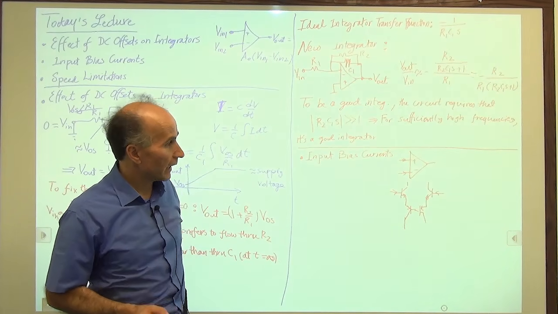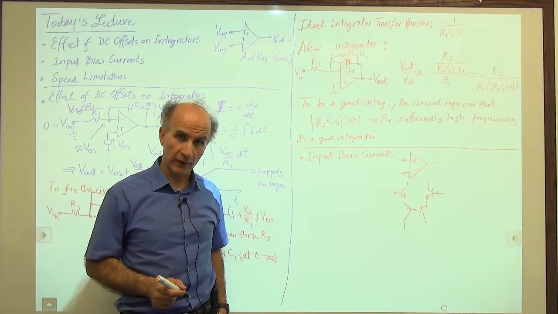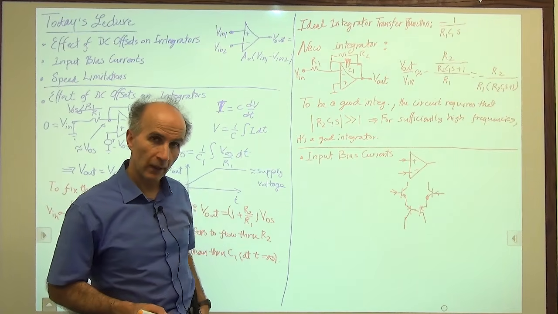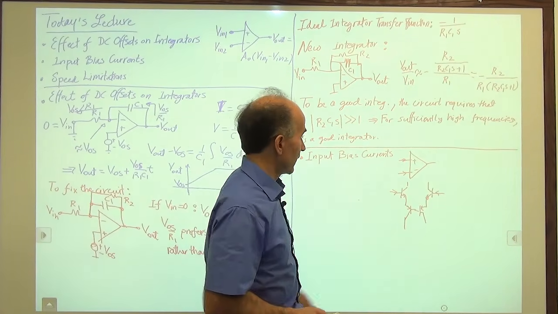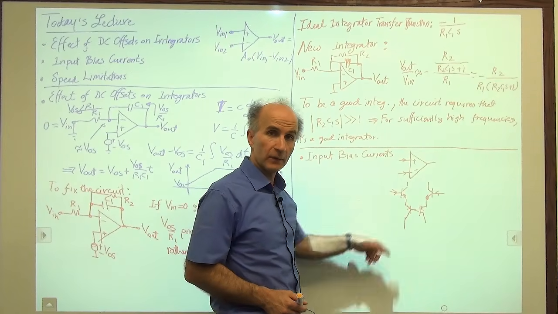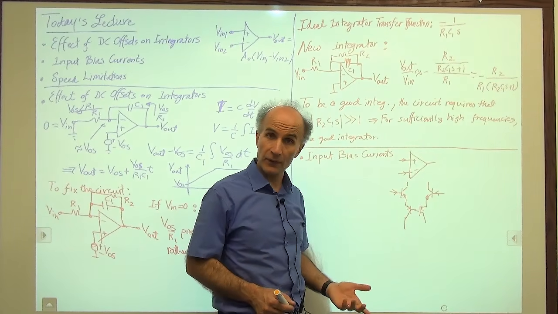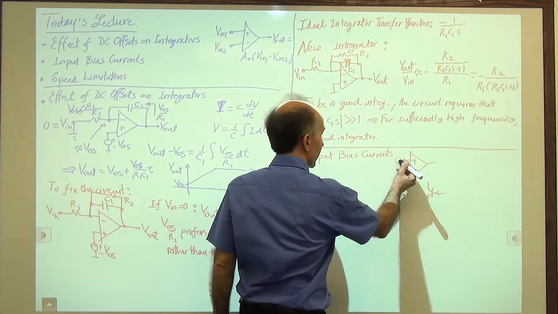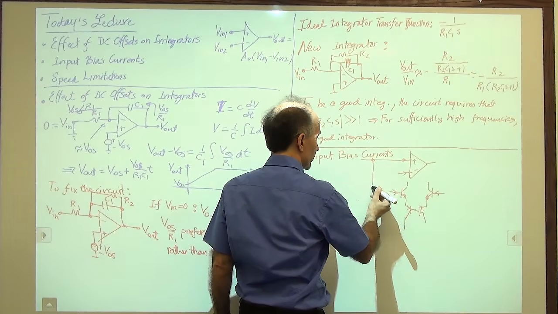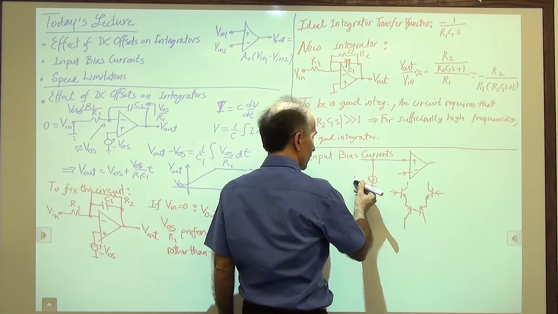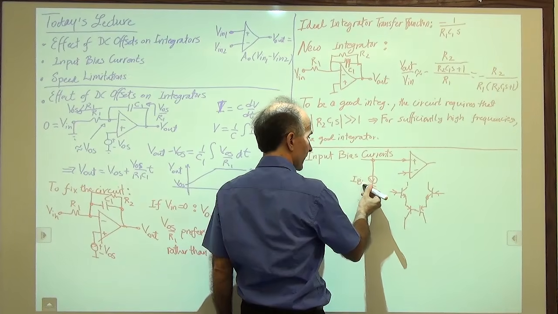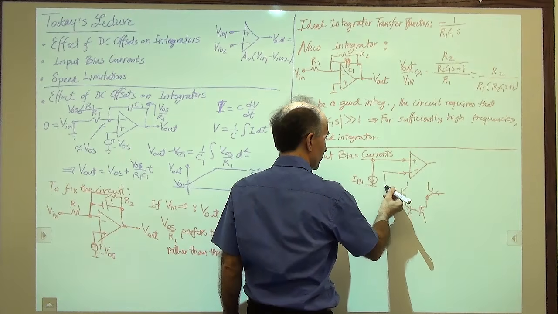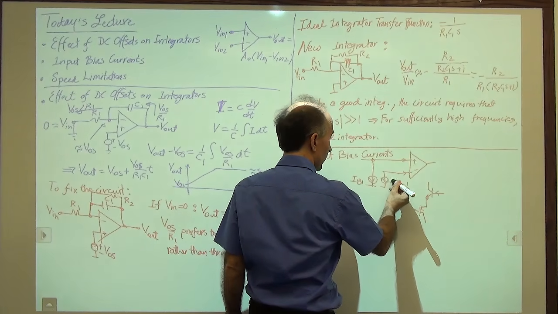Okay, so first, how do we model these bias currents? Well, it's very simple. Assuming that these currents are constant, we just model them by constant current sources. So we attach a constant current source from here to ground, call it IB1 for example, and another one from here to ground, call it IB2.